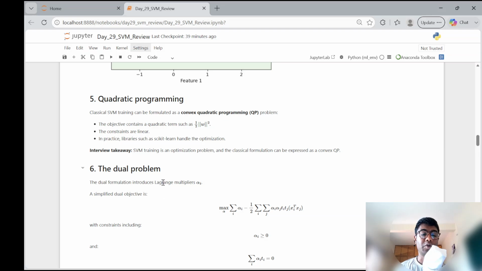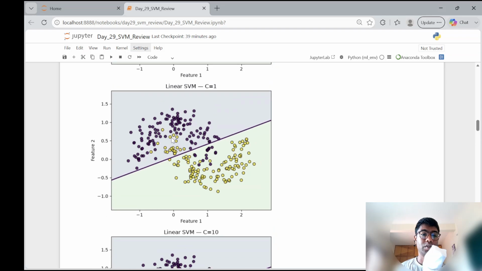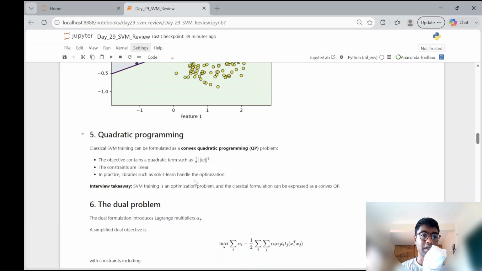Next is quadratic programming. All of these things in linear still don't give us a clear separation, so that's where quadratic programming comes in handy. It's an optimization technique which operates under the hood of SVM. There are two different things in quadratic programming: one is primal and another is dual.